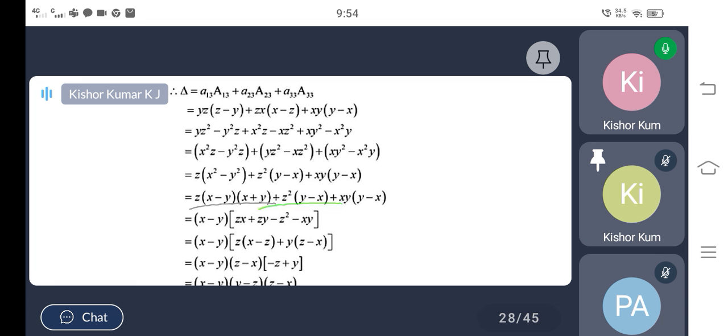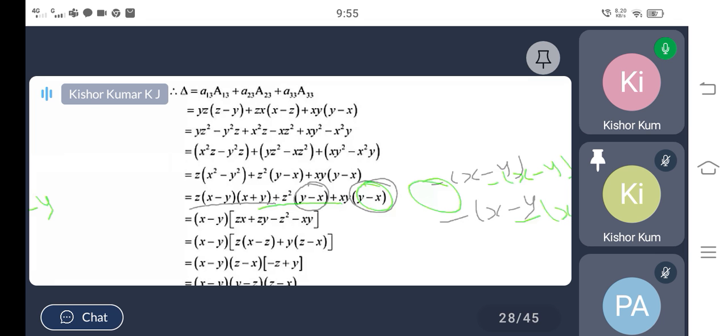Now after this, I am going to consider x minus y common in all the terms. Here we have y minus x. So if you take the minus common there, it will become minus of x minus y. So when I take the x minus y common, you just observe it will give z into x plus y, that is zx plus zy.